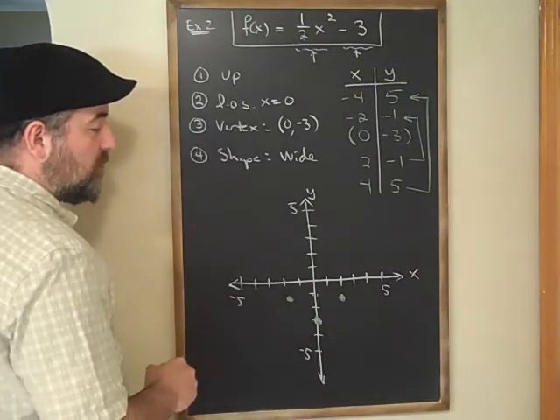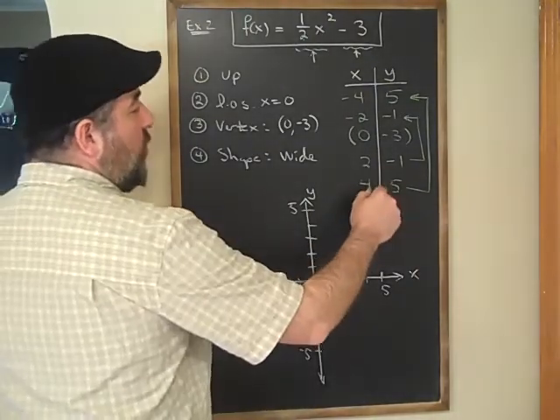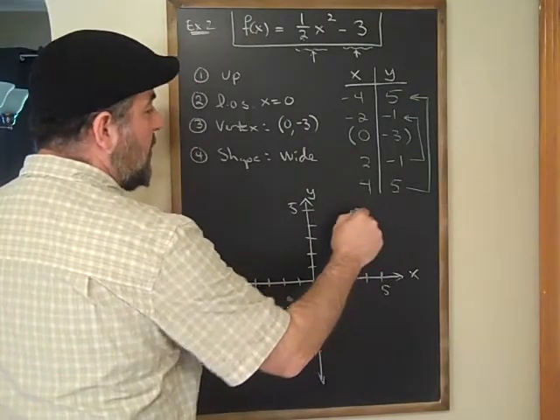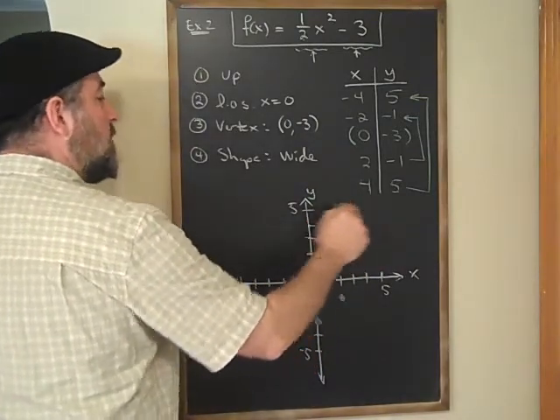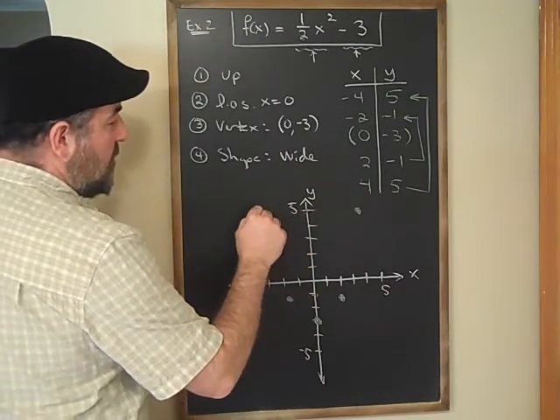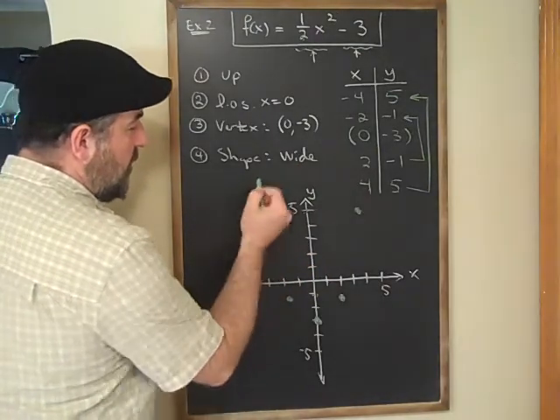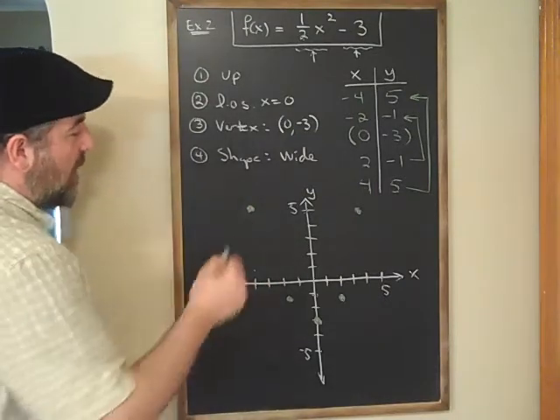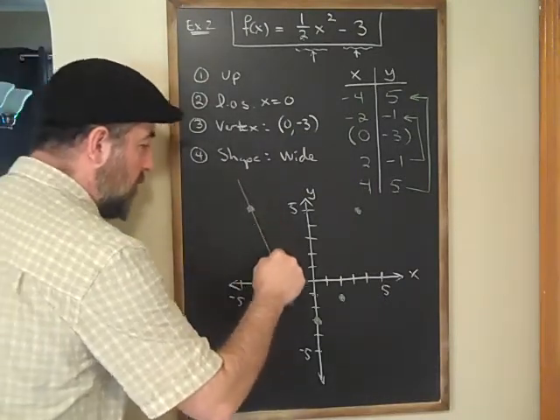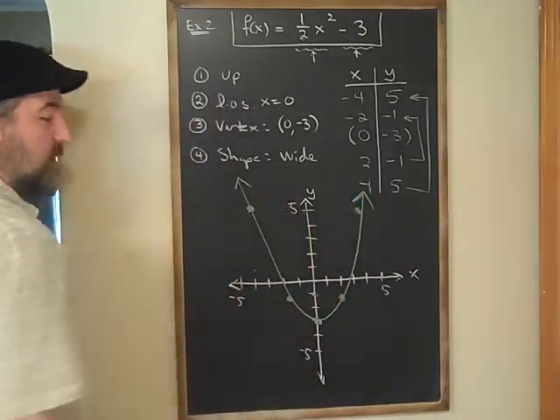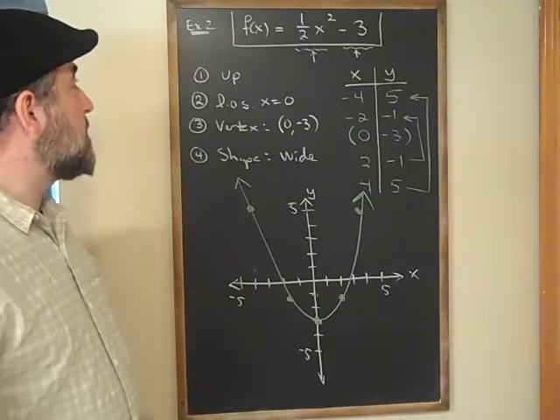There's the symmetrical point right there. 4 to the right, 5 up, 4 to the right, 5 up. Now if you think about it, that's 4 away from that line of symmetry. So if I go 4 away over here, I'll get that point right there. Maybe I didn't move it far enough. And now I'll sketch my parabola. And there you have it. That's example 2.